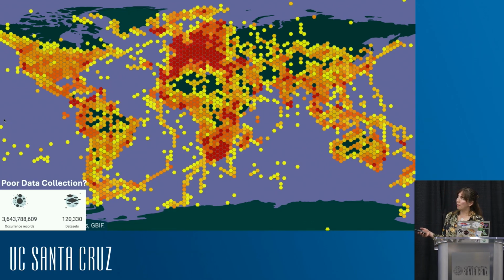And this is a global map of biodiversity observations in terms of specimens, photographs, audio, every way that we can collect observations of some species existing. And there are almost 4 billion of them. It's tremendous, contributed regularly from over 120,000 data sources around the world.